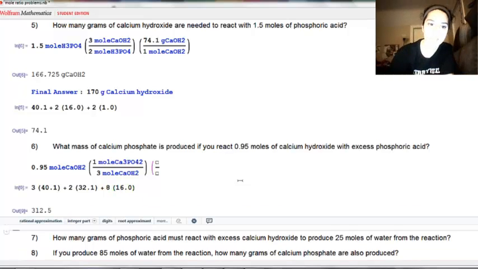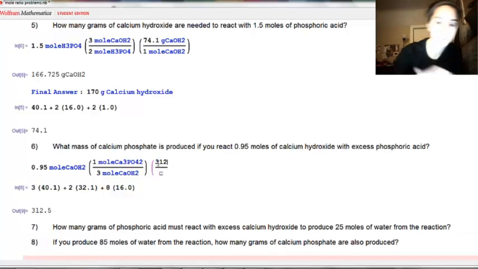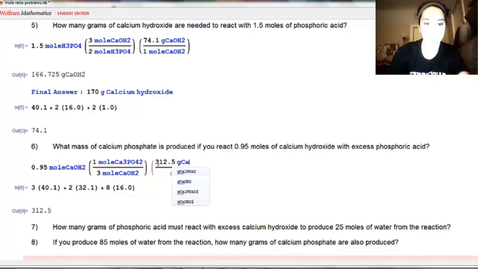Our formula mass for calcium phosphate is 310.3 grams. Since we want our final answer in grams of calcium phosphate, that formula mass needs to go on top: 3.125 grams calcium phosphate, and that's how many grams are in 1 mole of calcium phosphate.